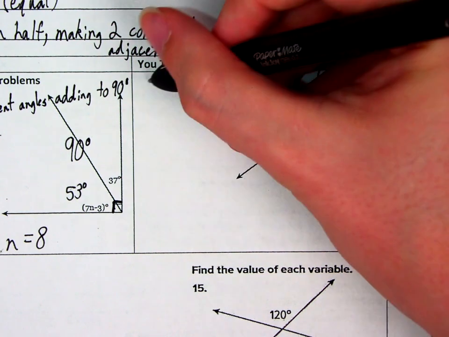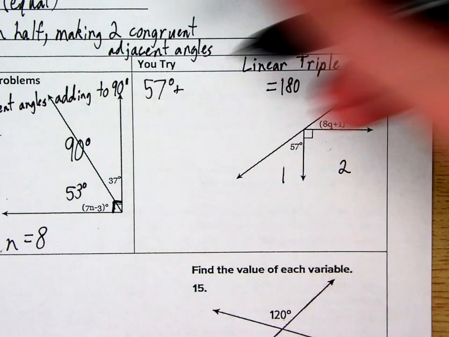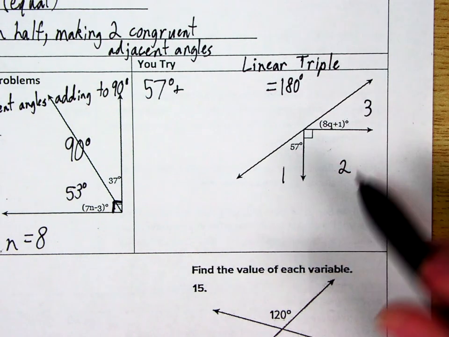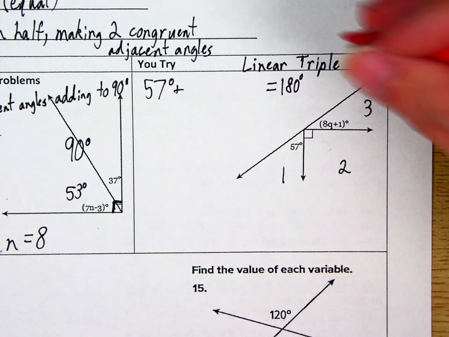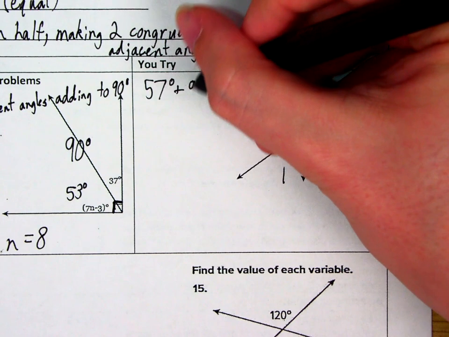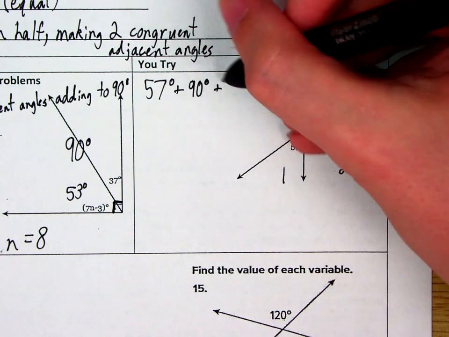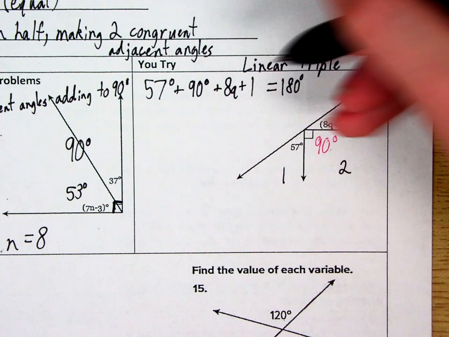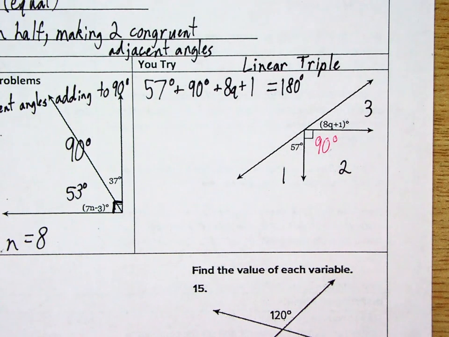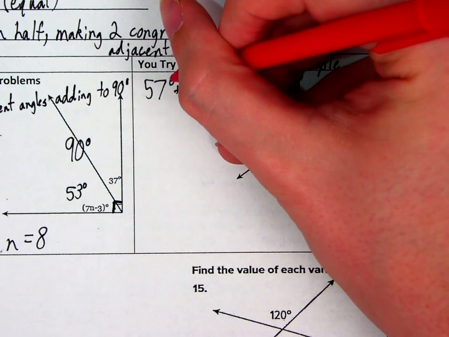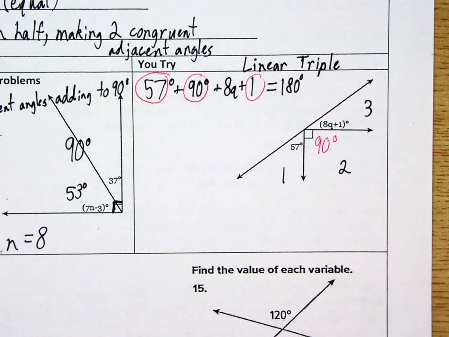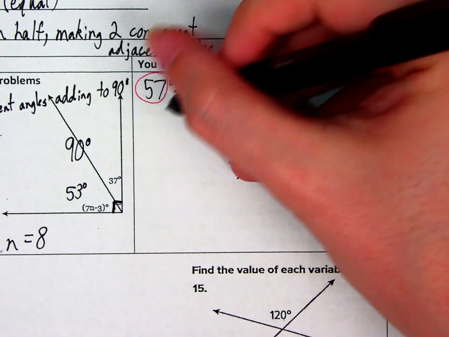We can say we've got 57 degrees plus, there's that square again. That square is an indicator that we've got 90 degrees. Plus 8q plus 1. And we'll solve this by doing some more steps. We'll combine our 57, our 90, and our 1 into one number.